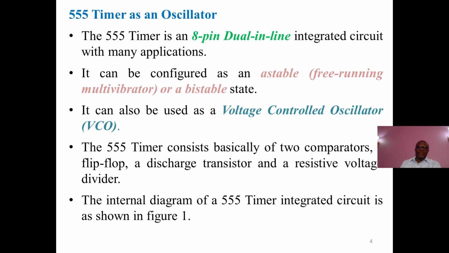Now, let's talk about the 555 timer as an oscillator. The 555 timer is an 8-pin dual inline integrated circuit that's used for many applications. When we say 8-pin dual inline, we mean that you have the chip and 4 pins on one side, 4 pins on the other side.